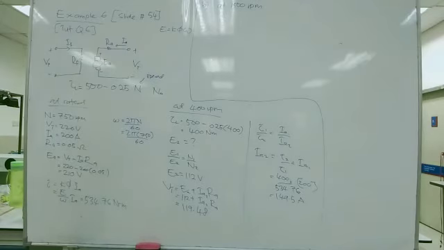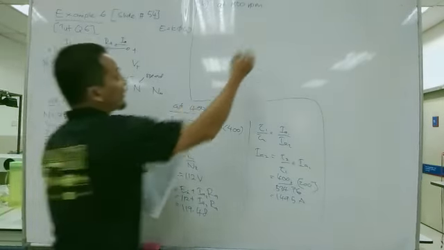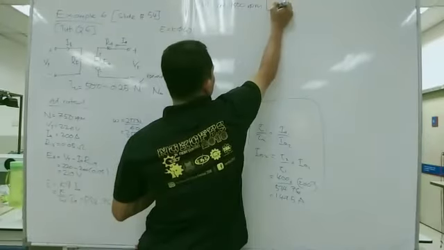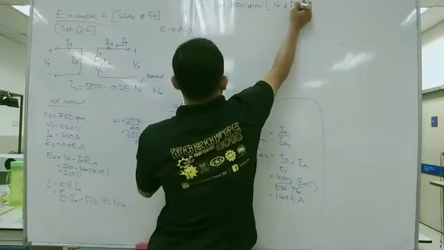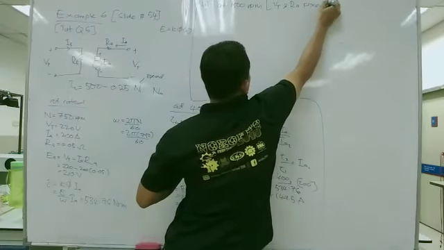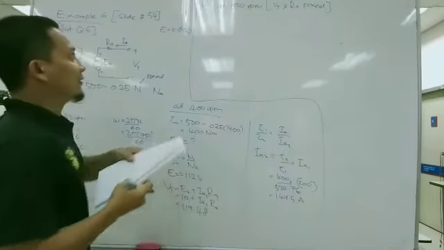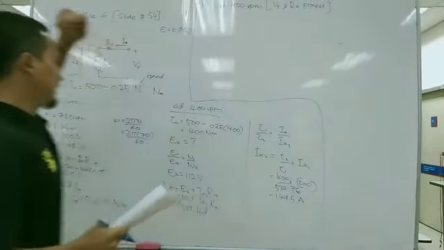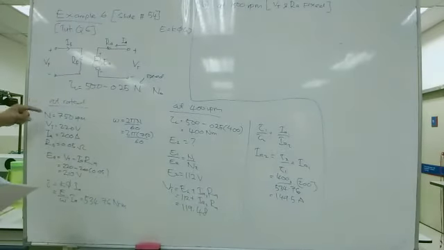So Vt and Ra are fixed. Fixed means that the terminal voltage is at the rated value, which is 220.